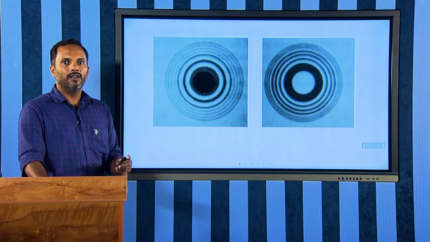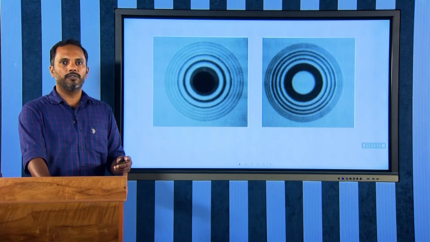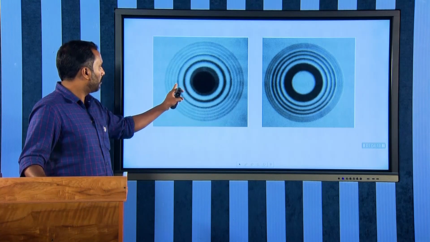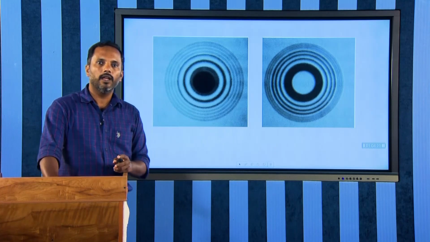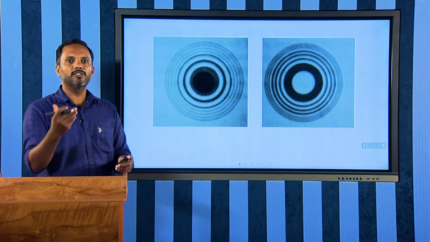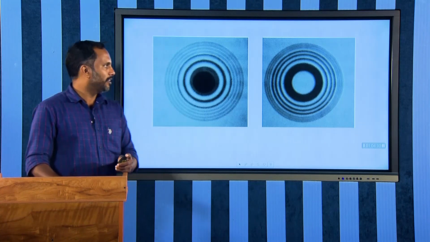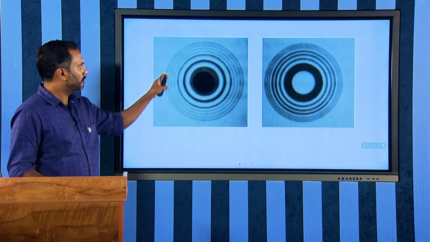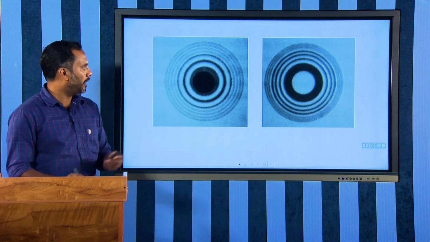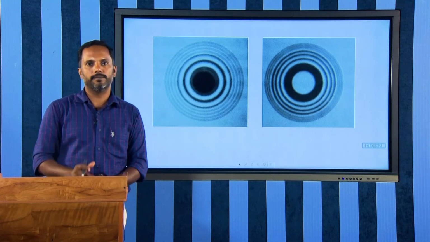That means the odd numbered zones, like first zone, third zone, fifth zone, etc., are covered with black ink. And let us take a reduced photograph of that, which appears in this particular figure. This is the concept. So the odd zones are with the black ink, and the even zones are with the white background.